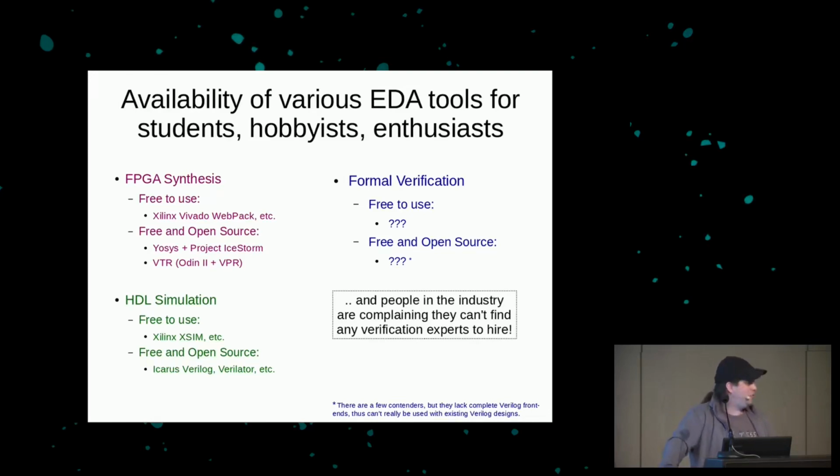If you're interested in playing with this kind of technology, you can just download the free stuff from Xilinx or Altera or any other vendor and install it, and maybe within an hour or two, if the installation goes without any major difficulties, you can play around with it and start making your experiences with this kind of technology. And with FPGA synthesis, there are even some free and open source options. There is the Yosys flow with Project IceStorm for iCE40, for example. But this is not the only one. There is also VTR with Odin 2 as a Verilog framework. So there are a couple of options there.